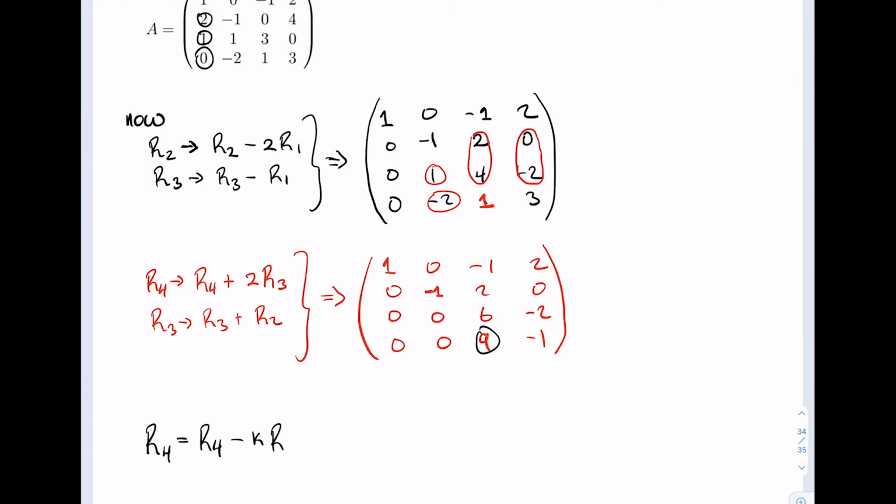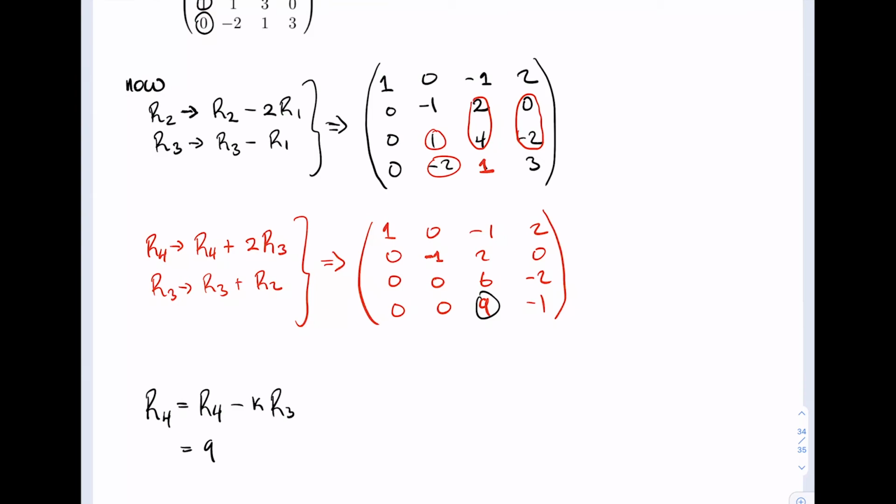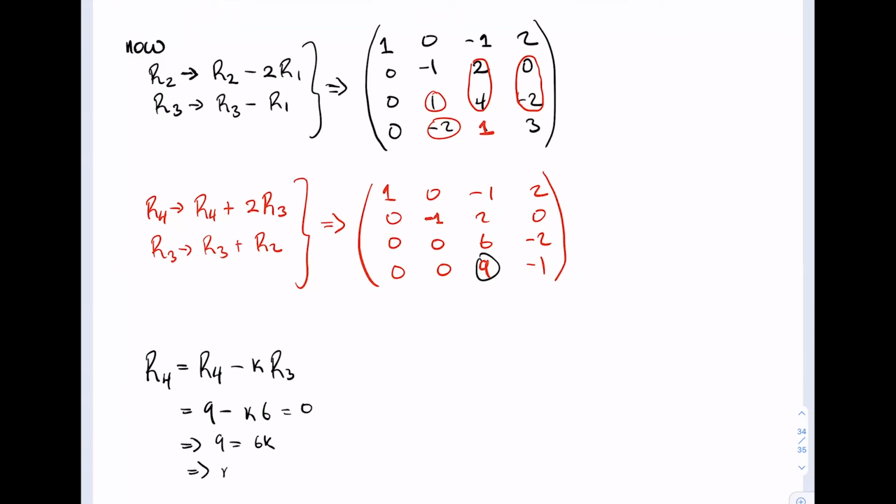So let's keep that as row 3. And what is that scalar, right? So here I'm going to say 9 minus k times 6 is equal to 0. This implies that 9 is equal to 6k, which means that k is equal to 9 divided by 6, which is equal to 3 divided by 2.